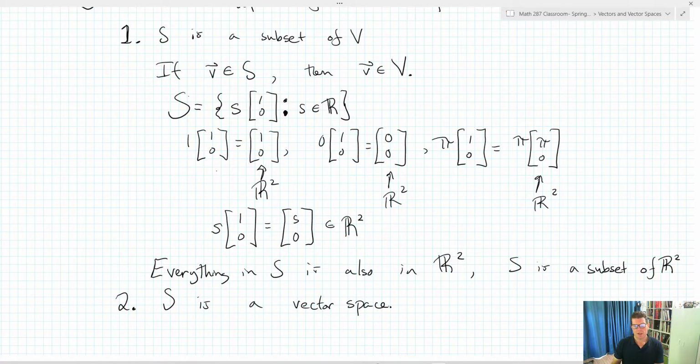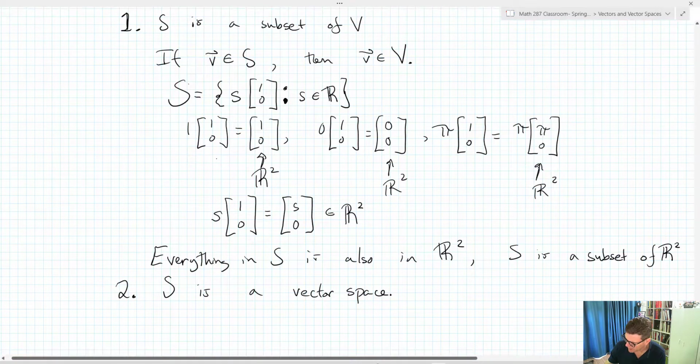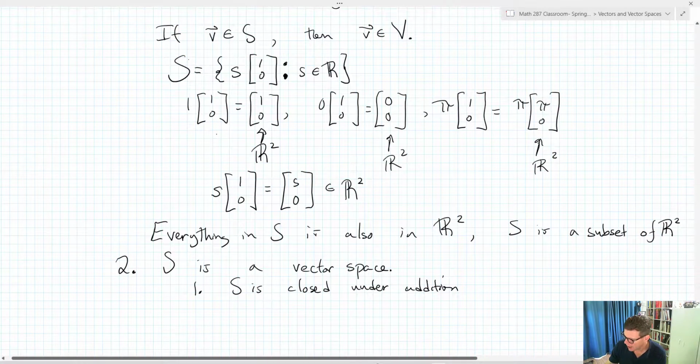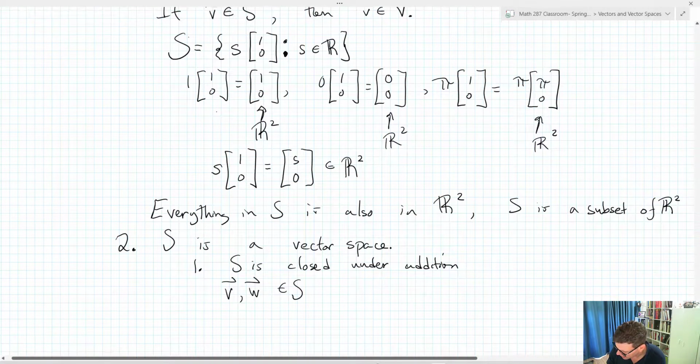Okay? So, for S to be a subspace, S has to be a vector space. And what that means for us is, one, S is closed under addition. So that's our first requirement. So let's take, for example, the example that we have above. We're going to let v and w, two vectors, belong to our S here. So I'm going to go through and define them.